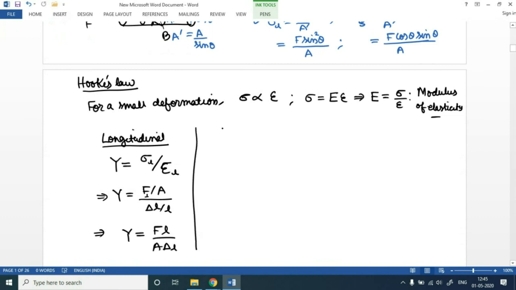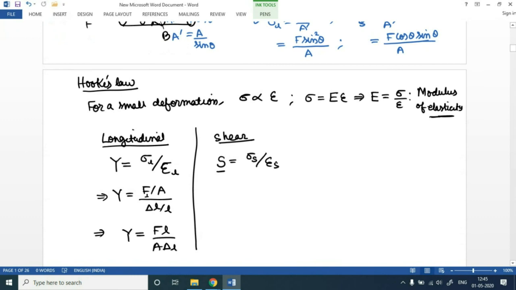And for shear stress and strain, the modulus of elasticity would be known as modulus of rigidity, and that would be nothing but sigma s by epsilon s.